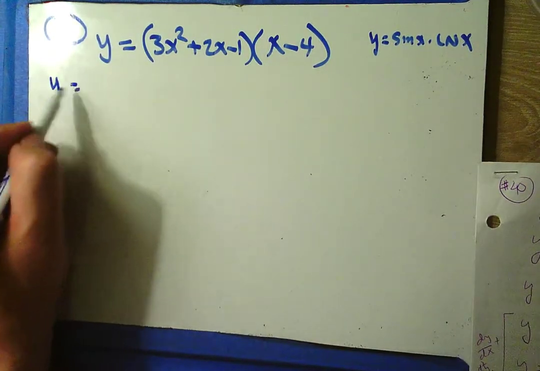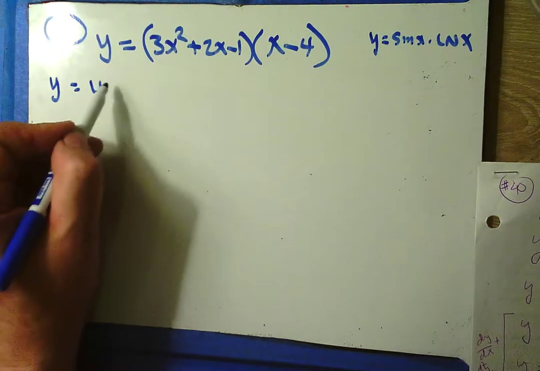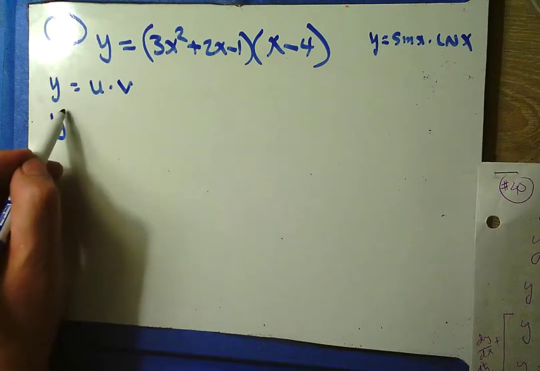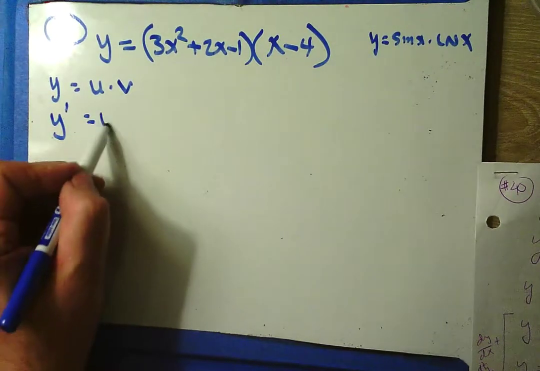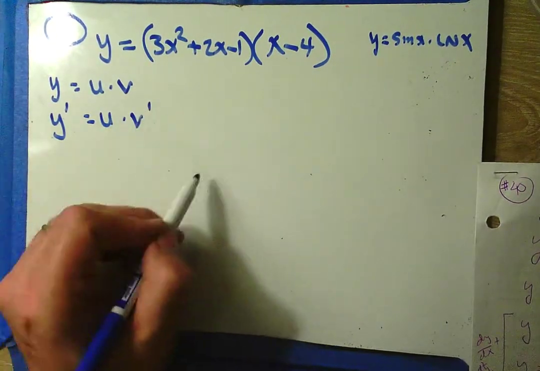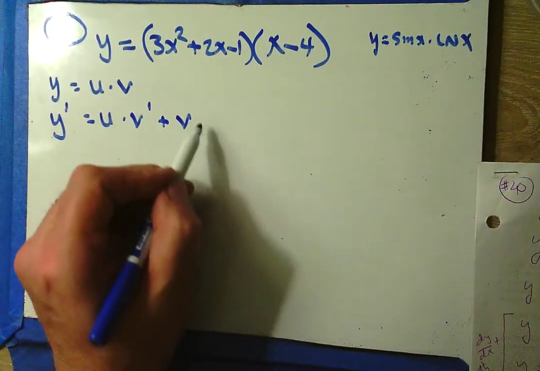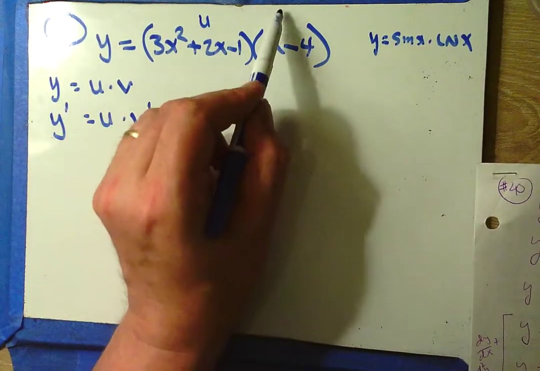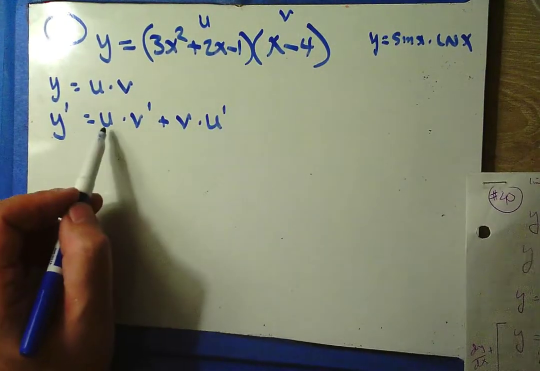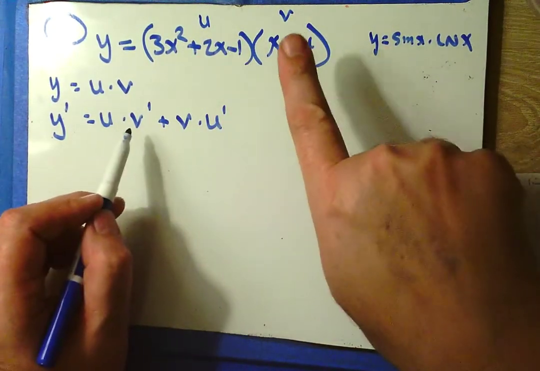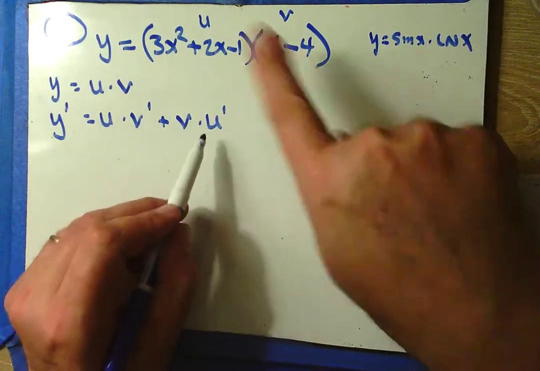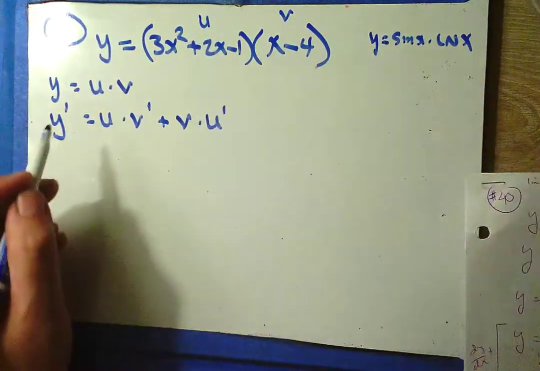Remember, if the functions are u times v, then the derivative of this product will be u times v prime plus v times u prime. So here's my u, here's my v. We want this one times the derivative of that plus this one times the derivative of that.